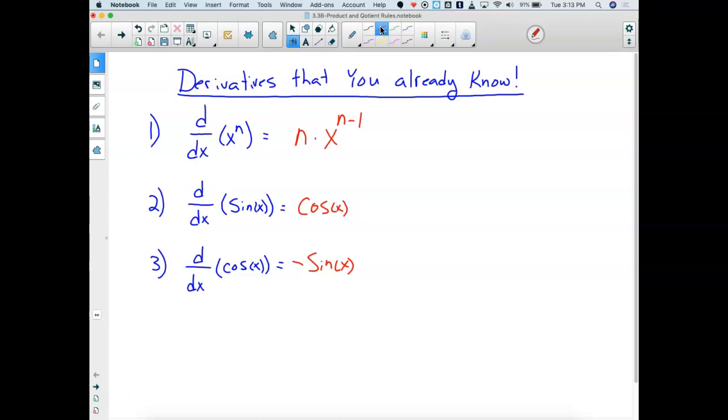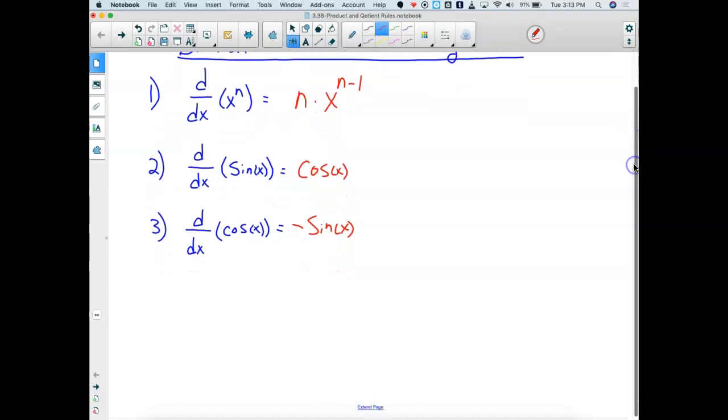We learned more than that. You learned that the derivative of a sum is the sum of the derivatives of the terms, like polynomials. We can take each term and differentiate it independently. We also learned the constant multiple rule.